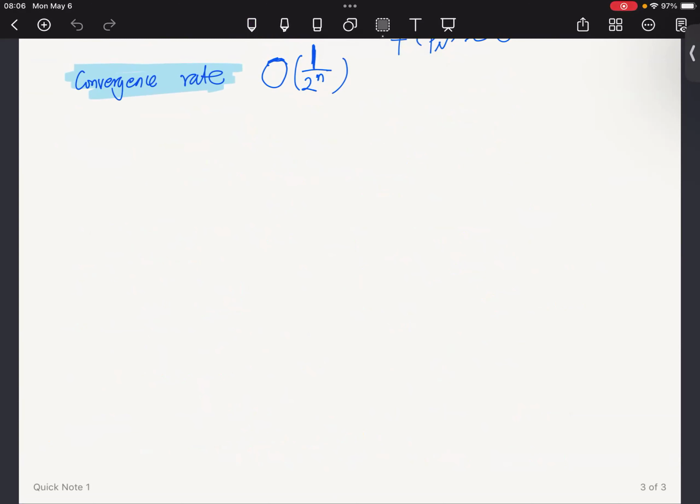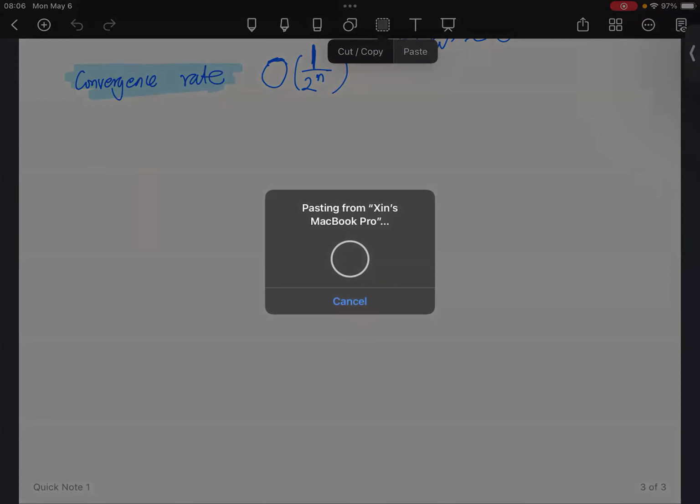Let me see, does it work today? Copy image content. Okay, so what I'm going to do, copy image content. Wait for a minute.